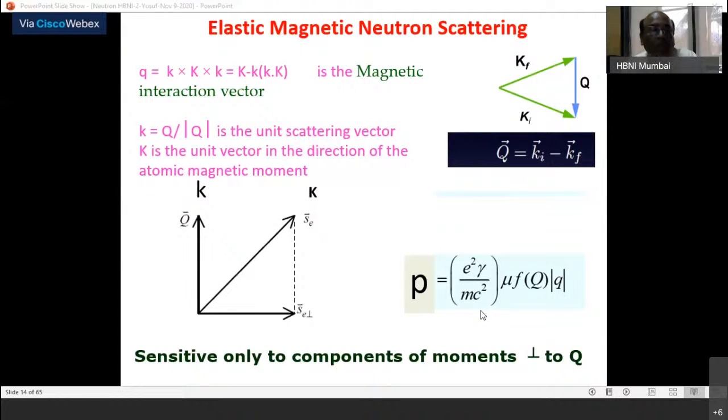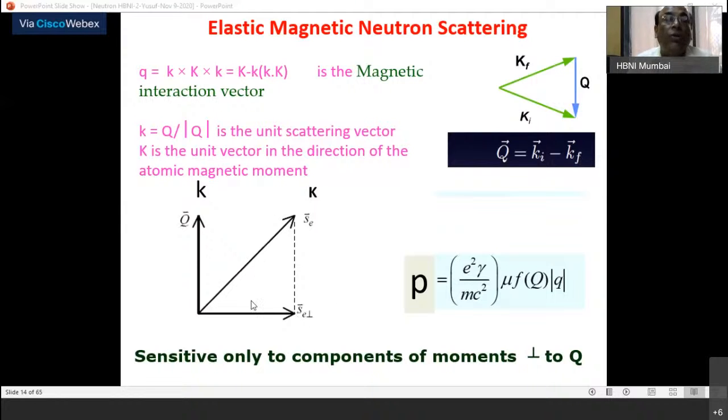Okay. Now coming back to this, that atomic or ionic magnetic moment, the component of the moment which is perpendicular to Q, the neutron magnetic moment will see only that component and interact.